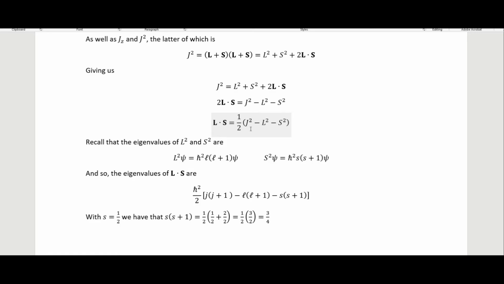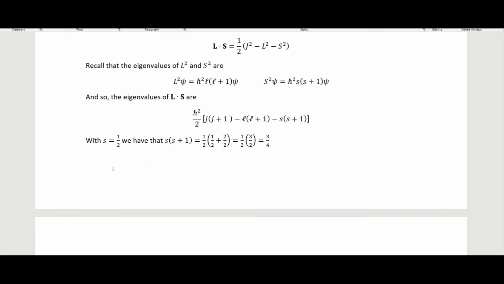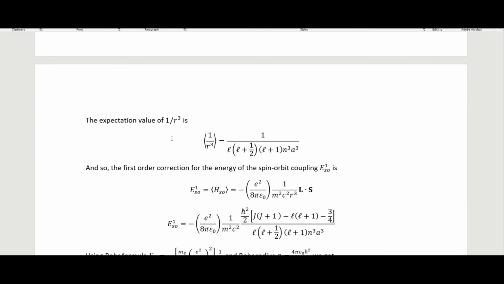So we have the J squared, and we're taking the eigenvalue of that, which is J times J plus 1. Then we're subtracting the eigenvalue of the L squared and the S squared there. And we know that the S is going to be a spin of 1/2. And so we have the S times S plus 1 being equal to this 3/4.